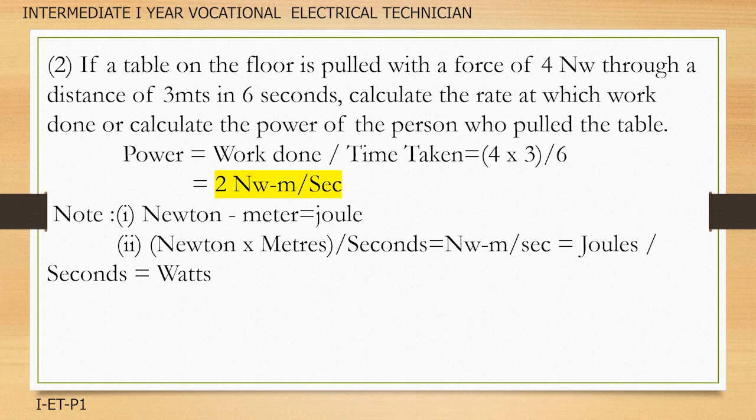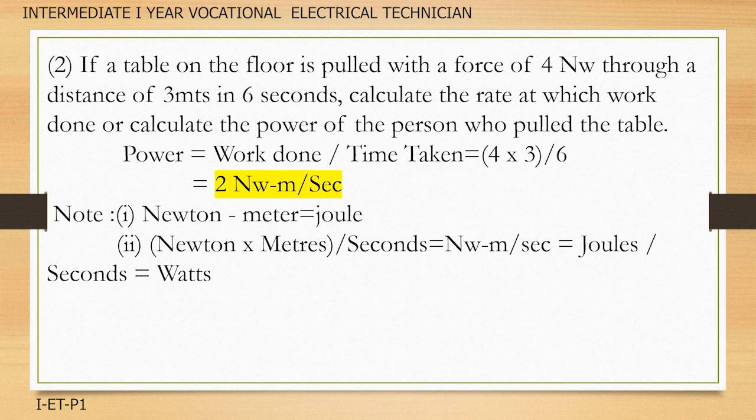As we know, power equals work done by time taken. In this problem, power equals 4 into 3 by 6, that equals 2 newton meter per second.